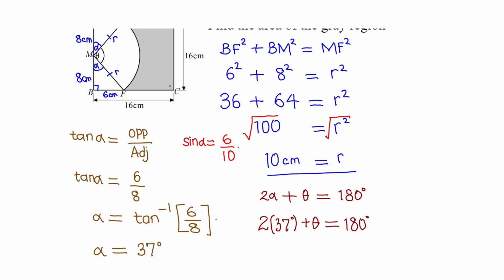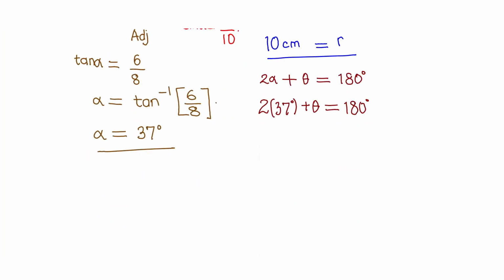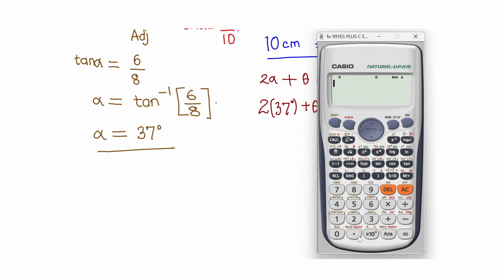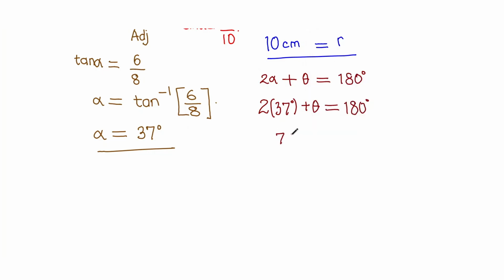So multiplying these two numbers together using our calculator, we have 37 times 2. Our result is 74. So we have 74 degrees plus theta still must give us 180 degrees.